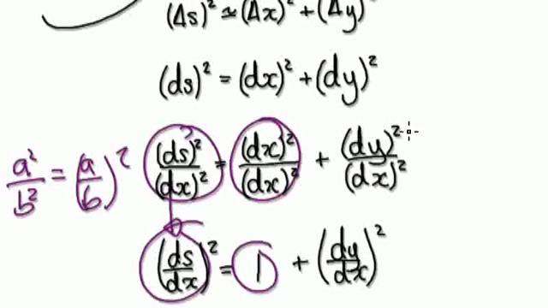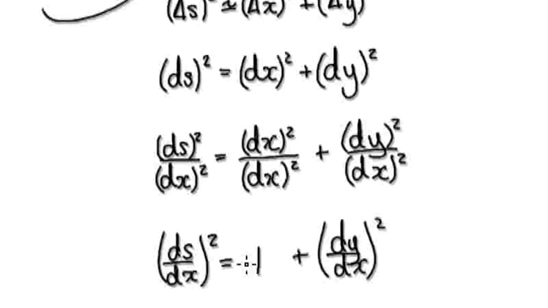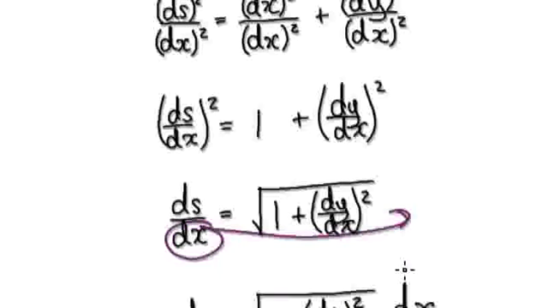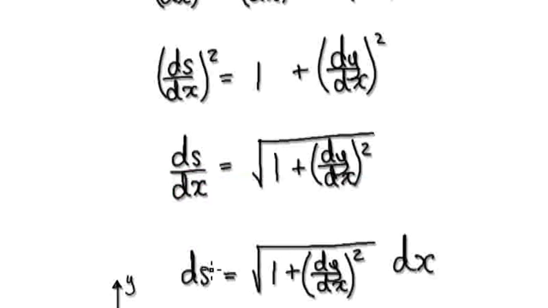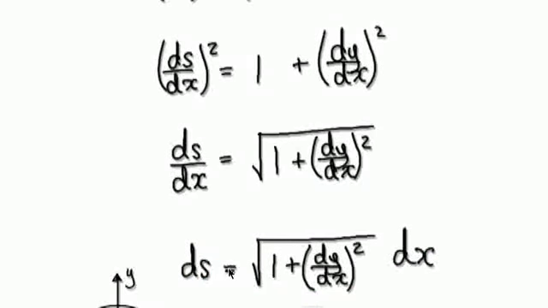This here is just 1, and this here you can use the same technique and turn this into this. Now square root both sides. That will give you this, and then times both sides by dx. So the true path is equal to this thing here, basically the arc length.